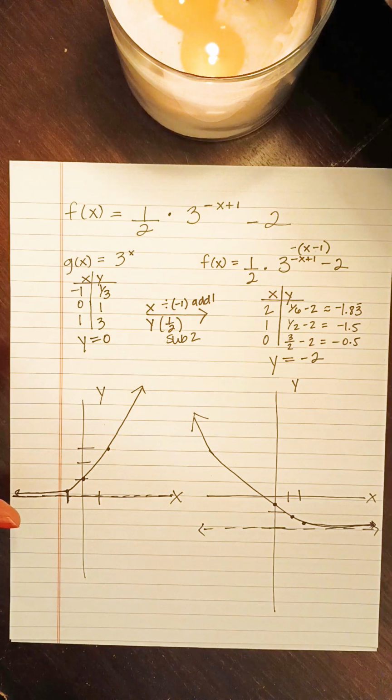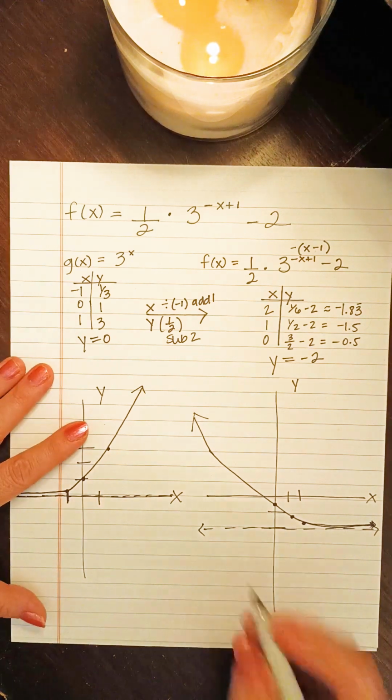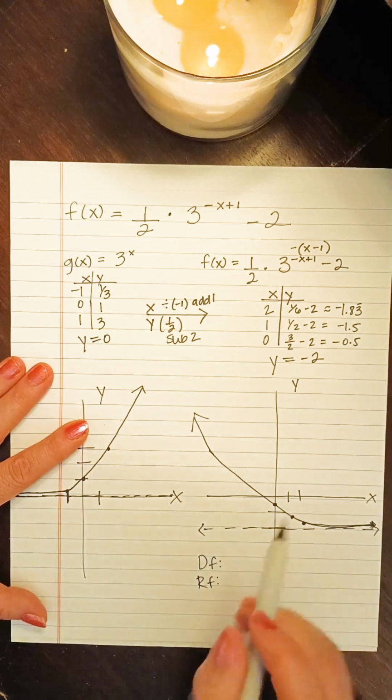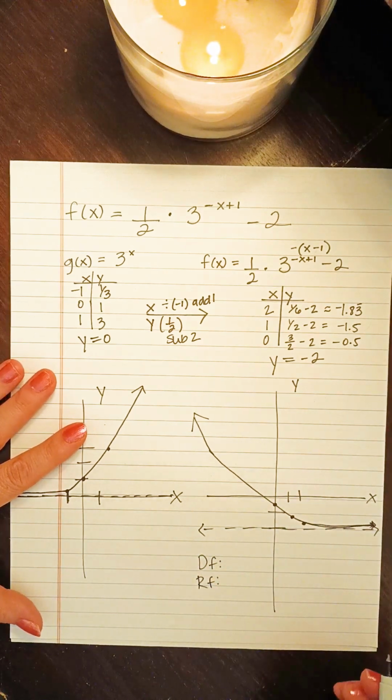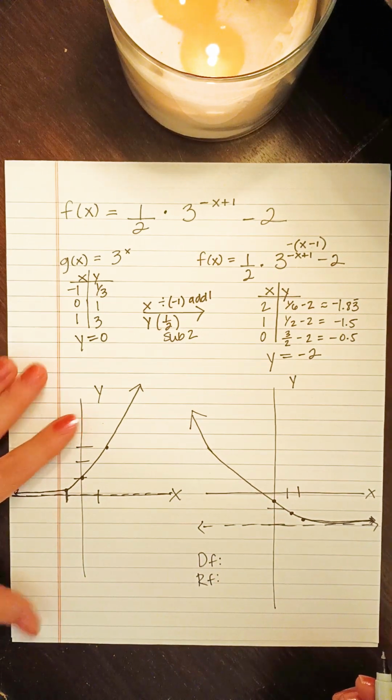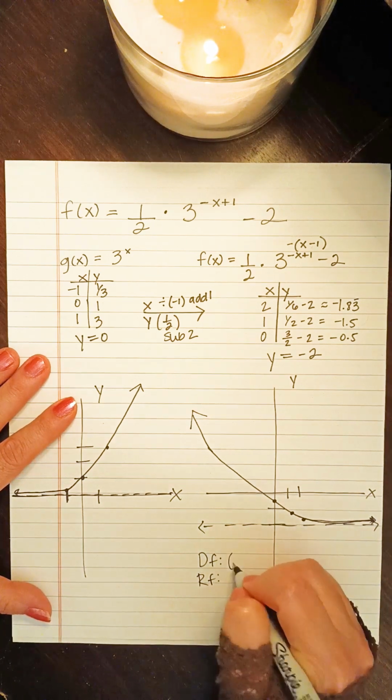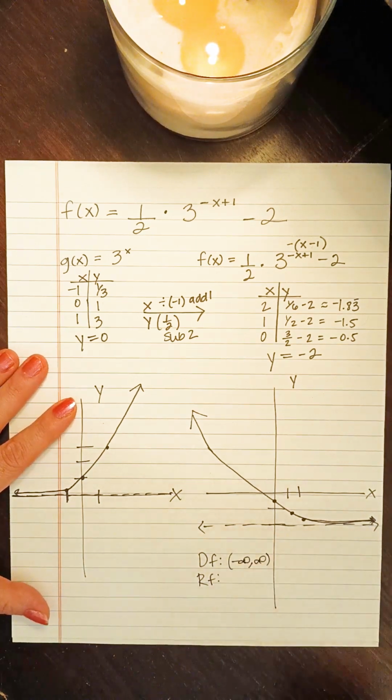So what we can do is really quickly find the domain and range of this function. And we can also find the domain and range of the original too. The domain of an exponential function is always from negative infinity to infinity.